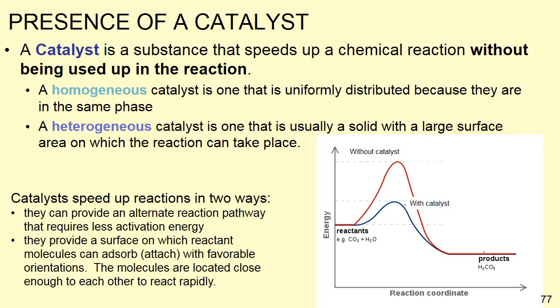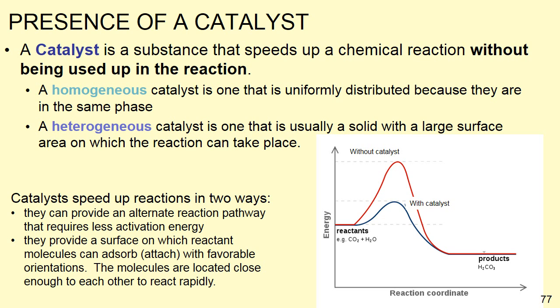And finally, the presence of a catalyst can also speed up the reaction. What is a catalyst? A catalyst is a substance that speeds up a reaction without being used up in the reaction. It gets used in the reaction, but then it is regenerated, or the reaction leaves it alone once it happens. A homogeneous catalyst is one in the same phase as the reactants.